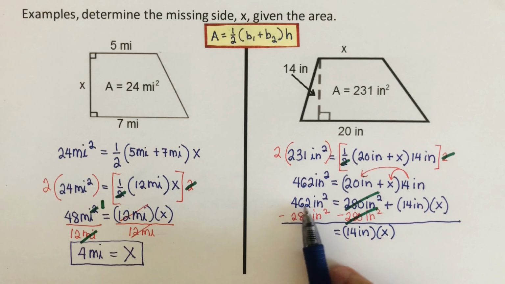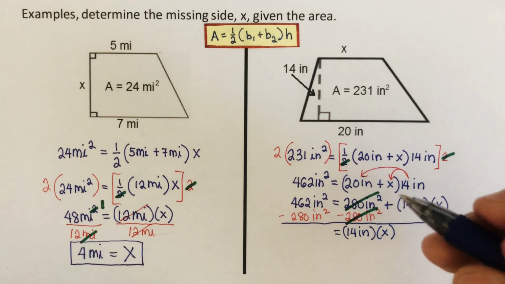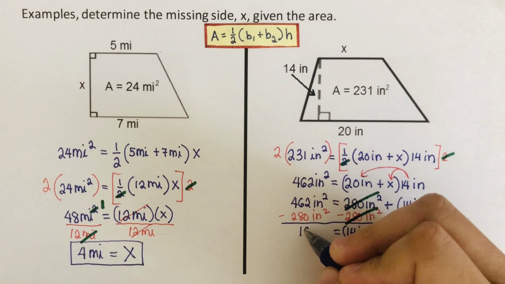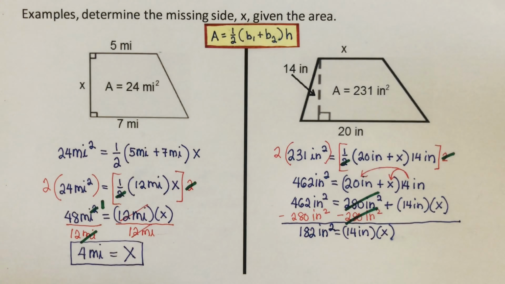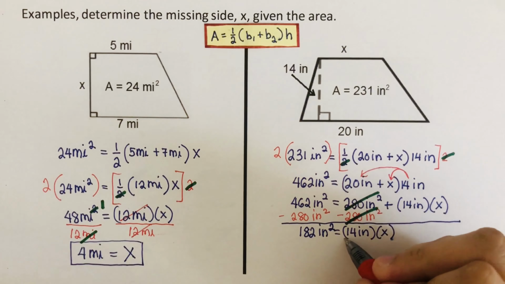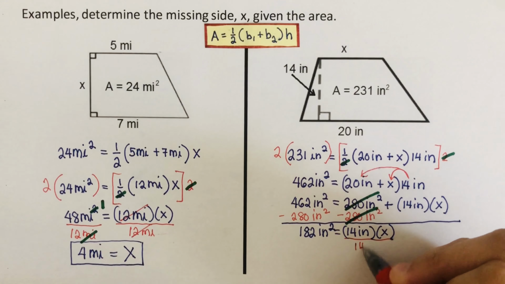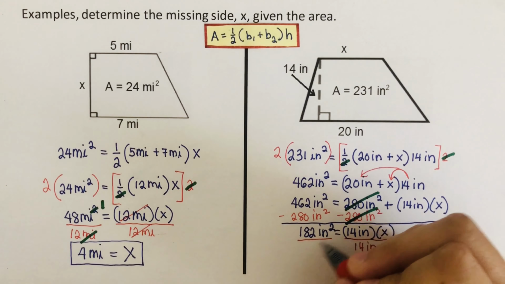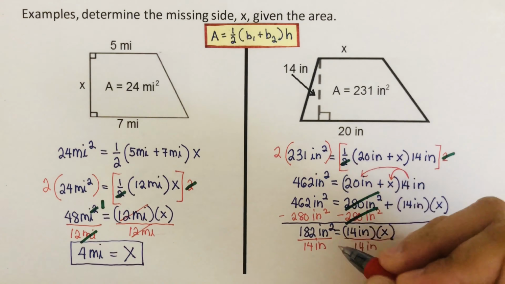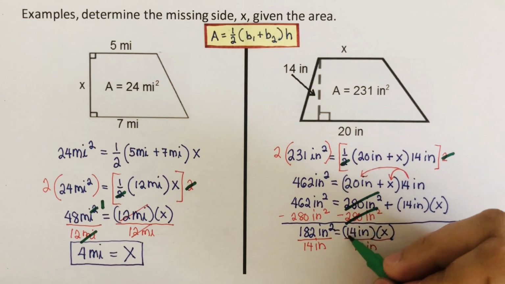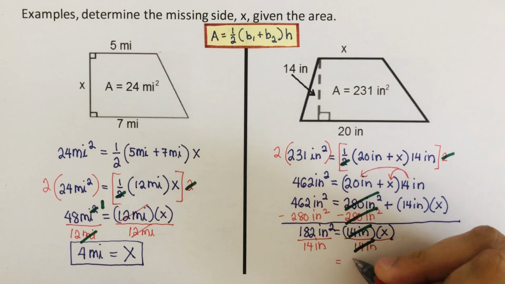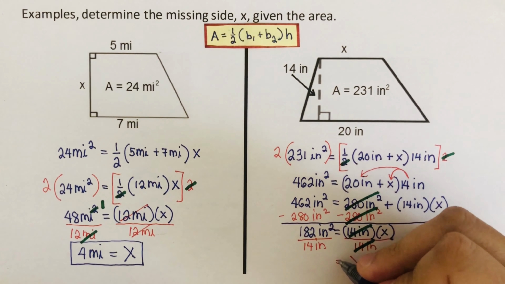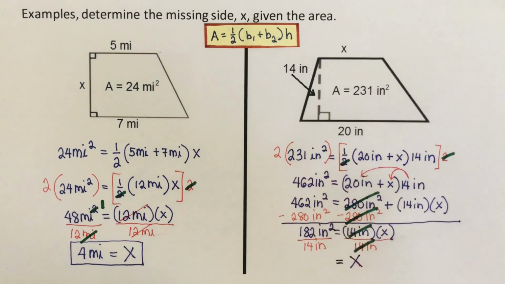That's 462 minus 280, which would be 182 inches squared. So then from here, we are dividing both sides by 14 inches. So 14 and 14 is going to get crossed out. So we're left with x on the right side.